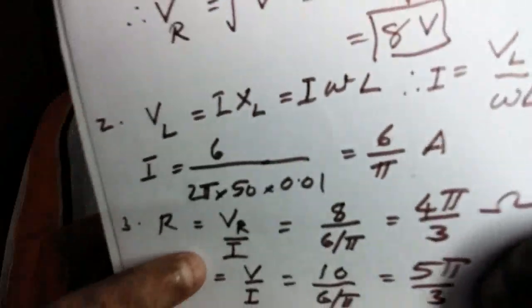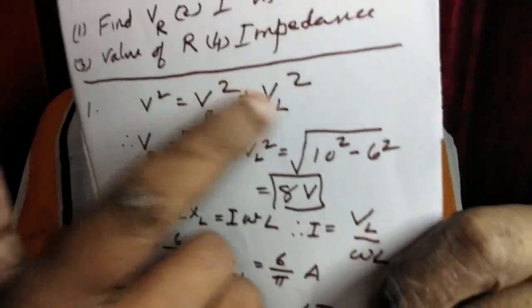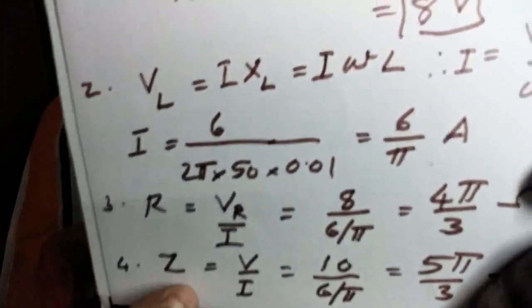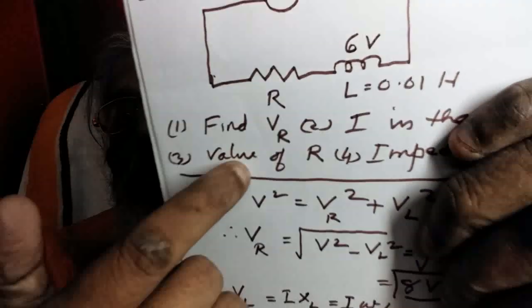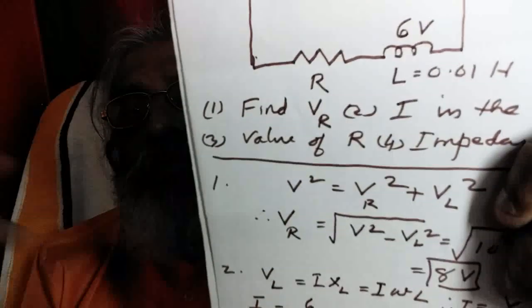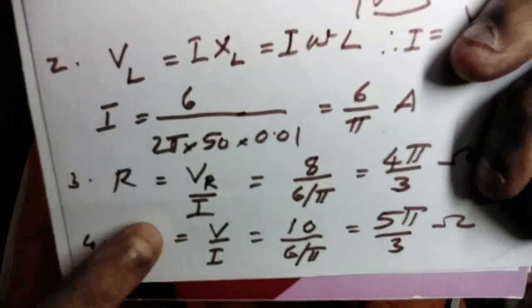Then the last question is the total impedance of the circuit. You can find it either using the direct formula for Z. Z equals square root of R square plus omega square L square. That will involve tedious calculations. You can simply use this formula instead.